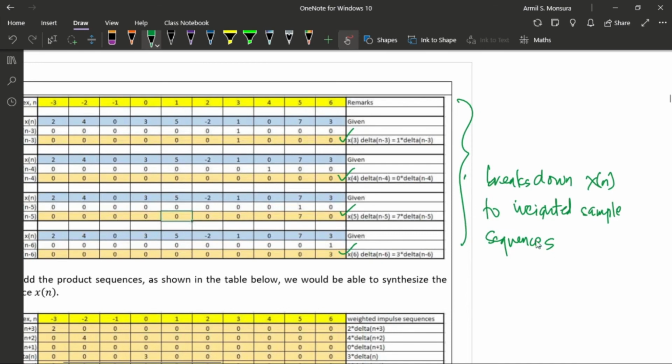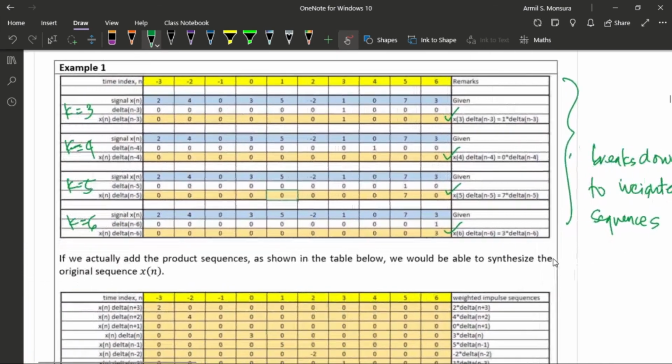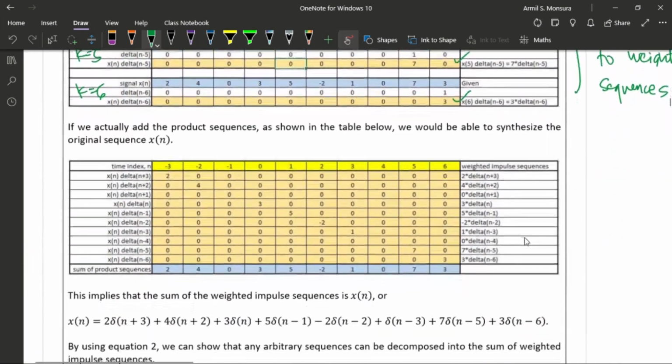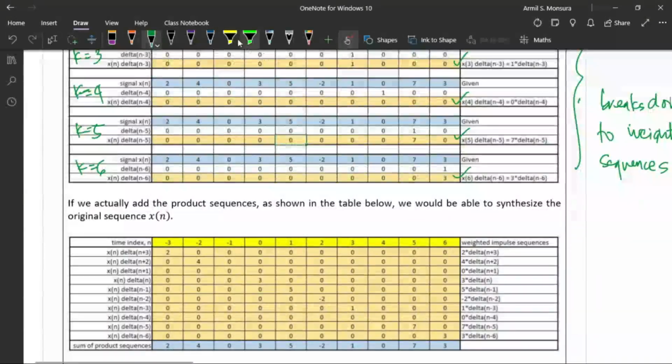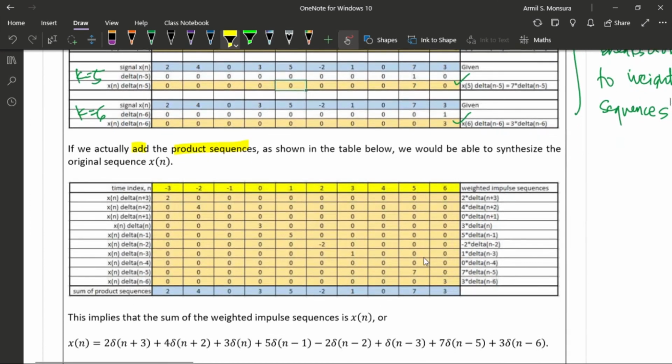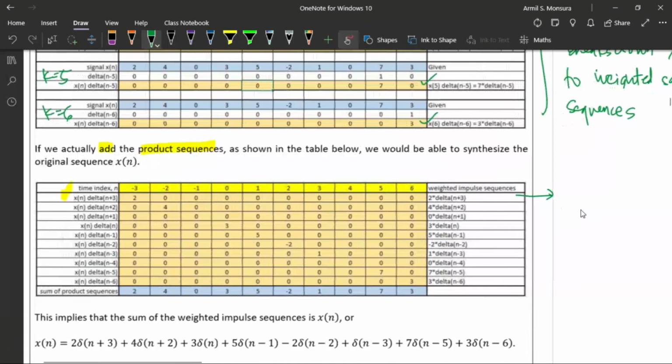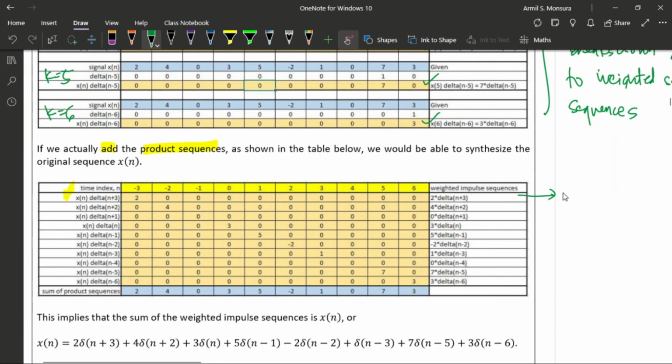Yun, to breaks down to weighted sample sequences. Now, if you actually add the product sequences that we generated above, for example, this is your x of negative 3, delta n plus 3.